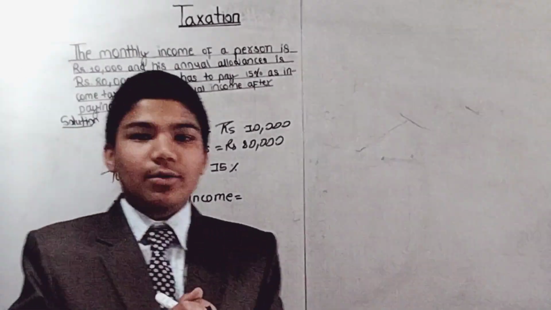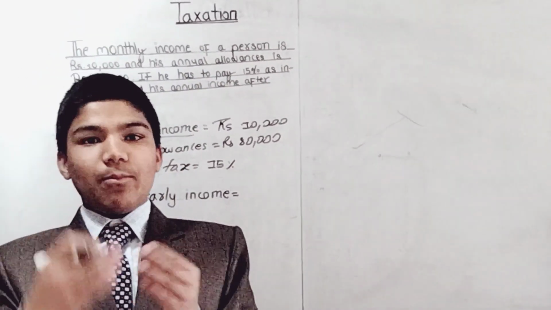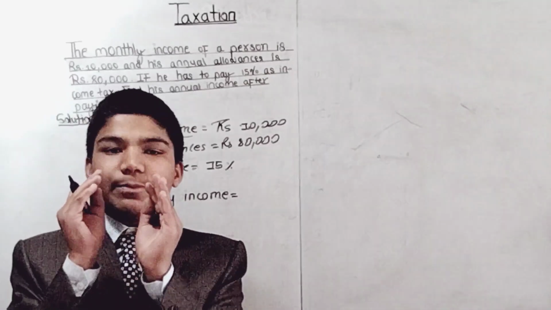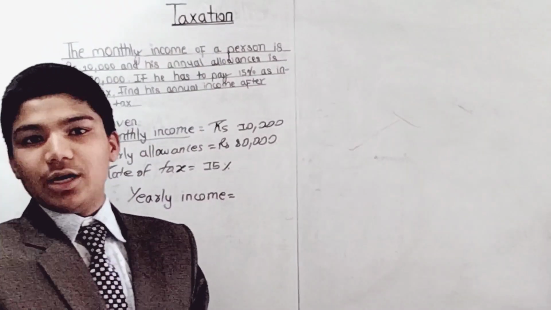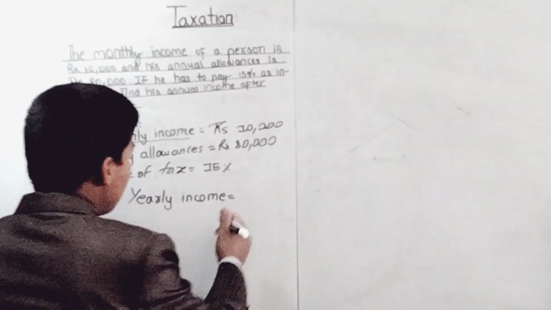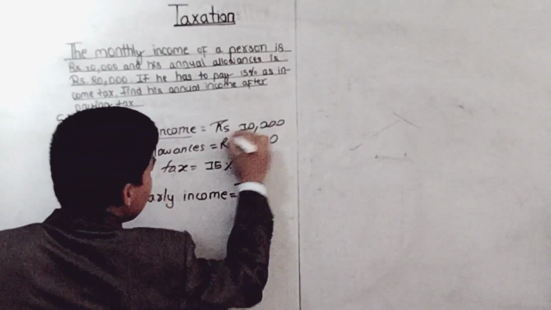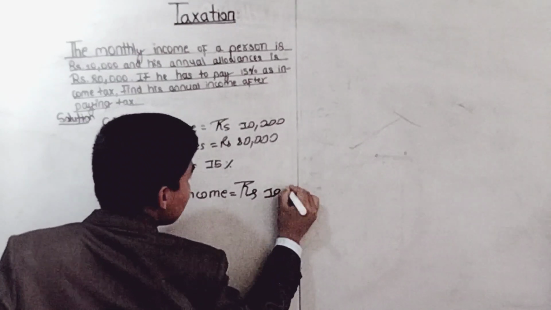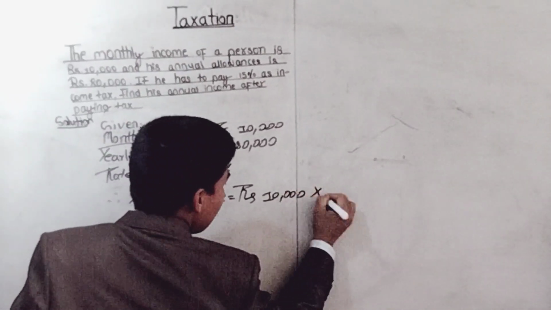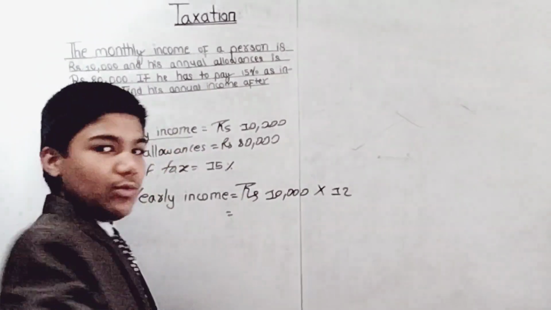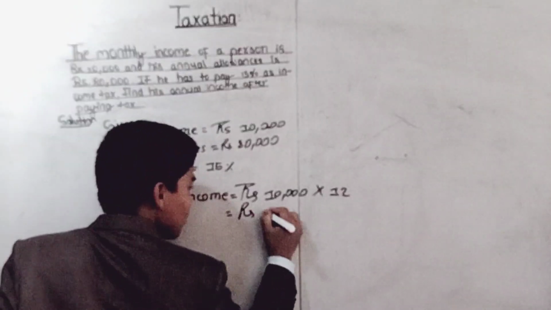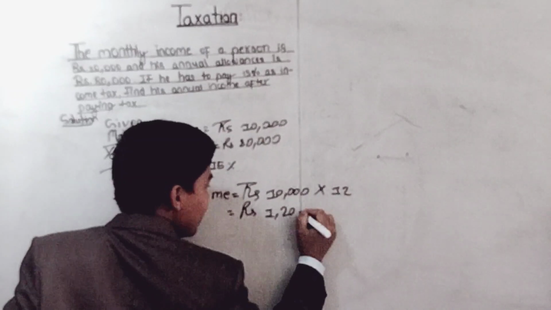If you are going to convert anything from month to year, then we have to multiply it by 12. So here also we are going to convert this monthly into yearly, so we have to multiply by 12. First of all, let's write this rupees 10,000 and multiply it by 12. So when we multiply it by 12, we will get rupees 1,20,000.